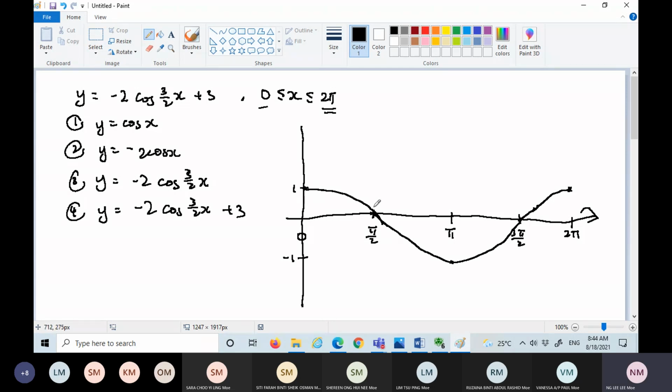This one also curves up. You don't draw this way. This one is curved down. You've got to draw curve up for this part and this part. The shape of the graph is very important. This is A, number 1.